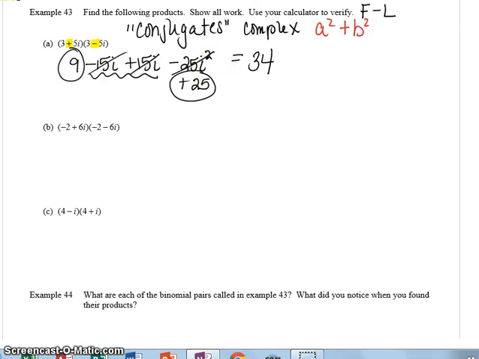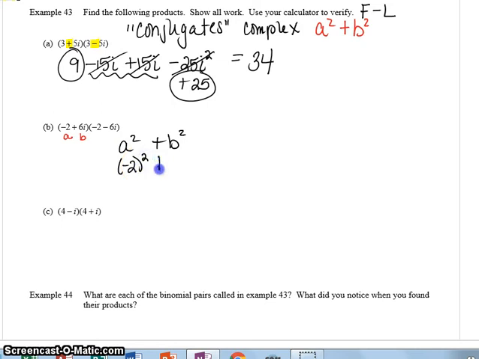So look, this is my a, this is my b. It doesn't matter if you think that positive 6 or negative 6 is your b, because when you square it, it ends up being positive anyway. So if I have a squared plus b squared, negative 2 squared plus negative 6 or positive 6 squared, it doesn't matter. It's going to end up being 4 plus 36, which is 40.